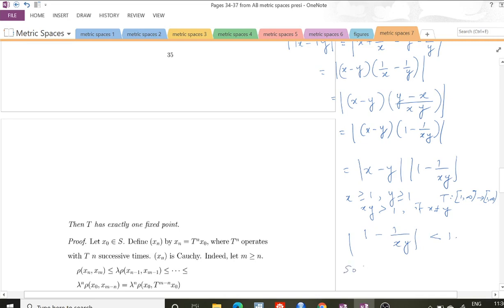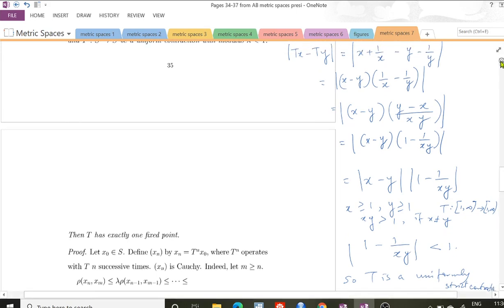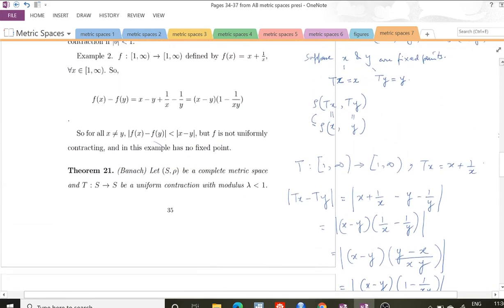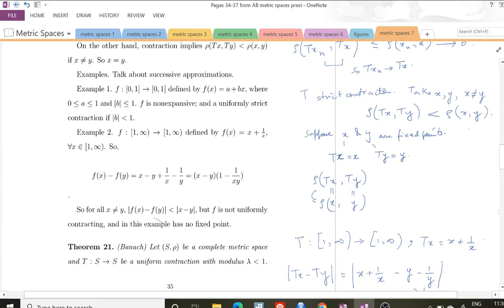Okay, so T is a strict contraction. But as you can verify, there does not exist x such that Tx is equal to x.